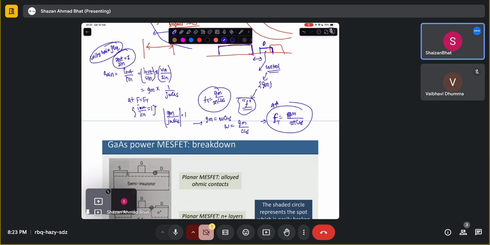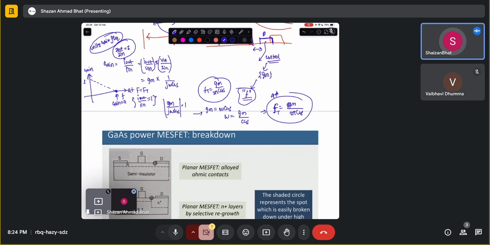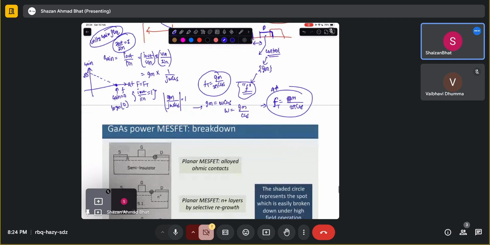That means if this is gain and this is frequency, it will drop like this, and this is the particular value of frequency at which gain equals 0 dB. In decibels, you have 10 log to the base 10 of P2 by P1.